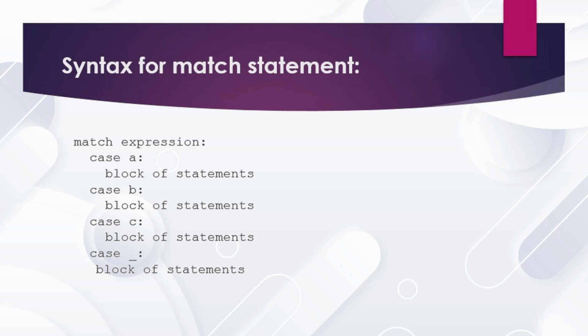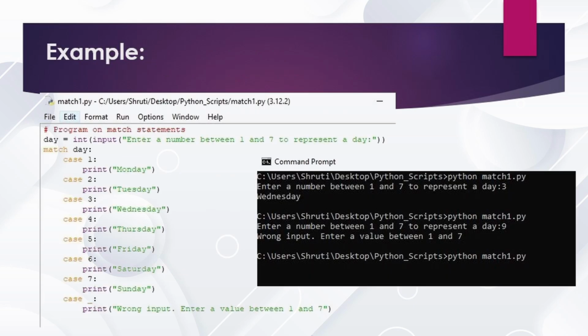Once a matching case is found and its code is executed, the match statement completes its operation. If none of the case values match and a case underscore is provided as a default, then the code under that case will run.